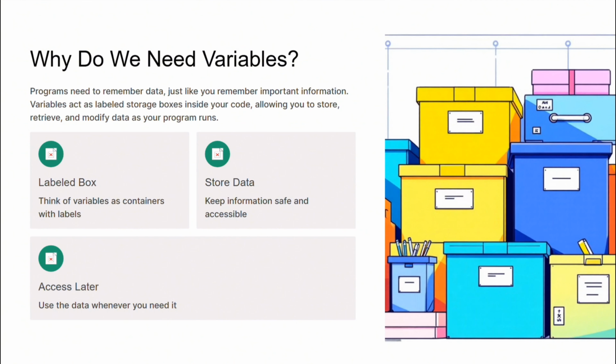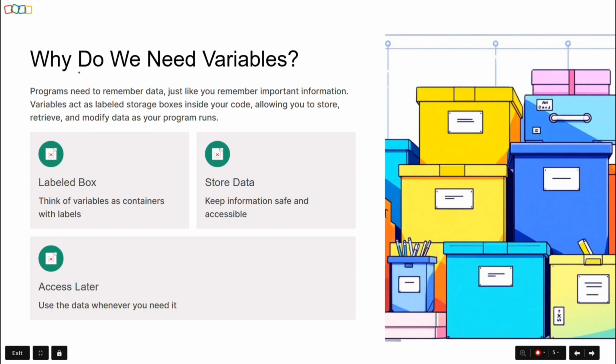A variable is just like a container which is used to store data. As data types are different, meaning we have different types of data, we also have different types of variables, because inside the variable we are going to store different types of data.